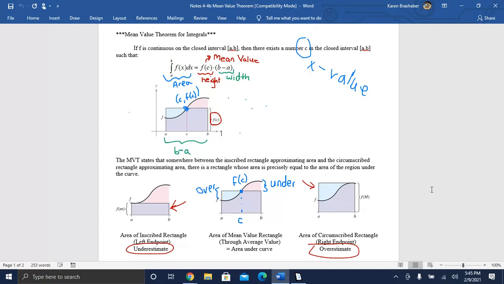So as far as the mean value theorem goes, the f of c is the mean value. I've tried to illustrate what is happening.